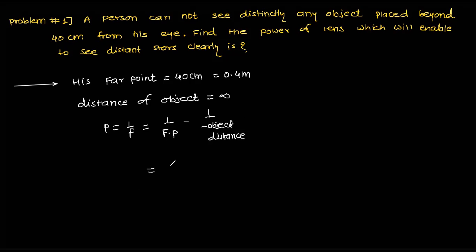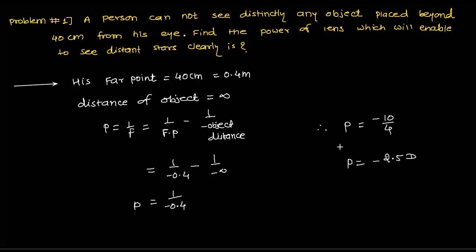Now here this is 1 by minus 0.4 minus 1 by minus infinity, which is going to be 0. So 1 by minus 0.4 is your power, that is 1 by F, and therefore power P is equal to minus 10 by 4, and this power P is equal to minus 2.5 diopter.